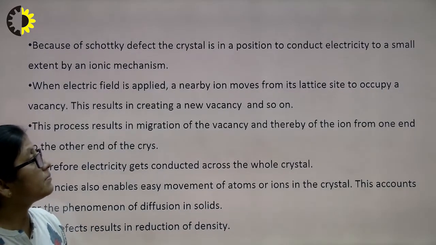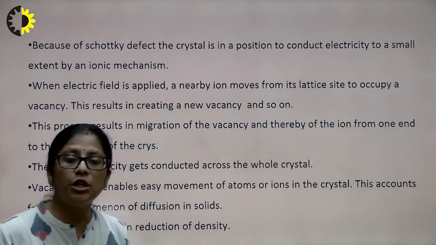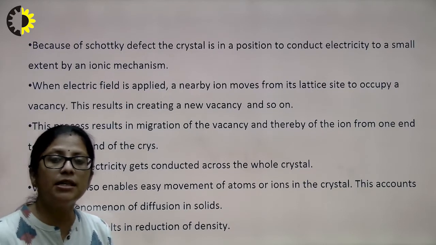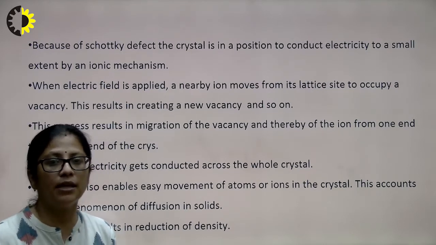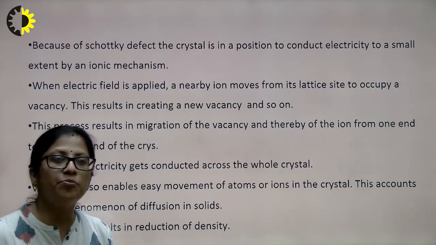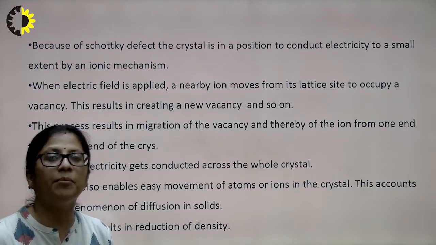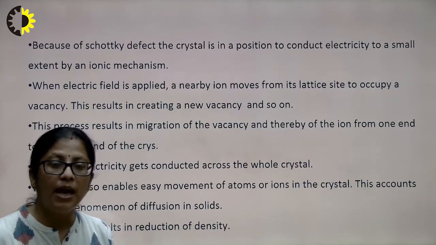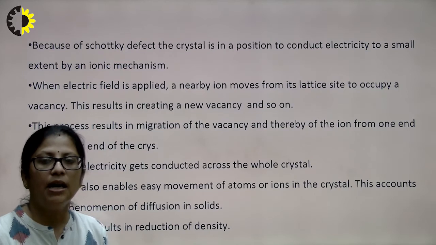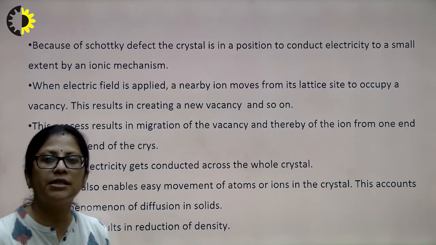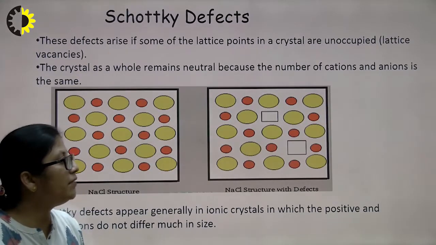Because of this Schottky defect, the crystal is in a position to conduct electricity to a small extent by an ionic mechanism. When an electric field is applied, a nearby ion moves from its lattice site to occupy the vacancy.